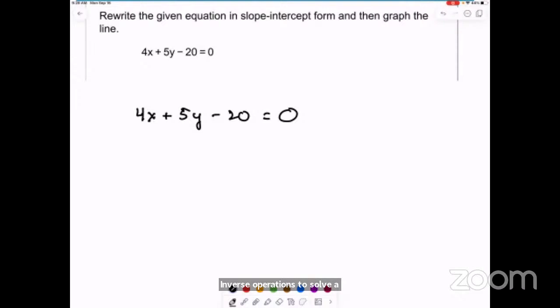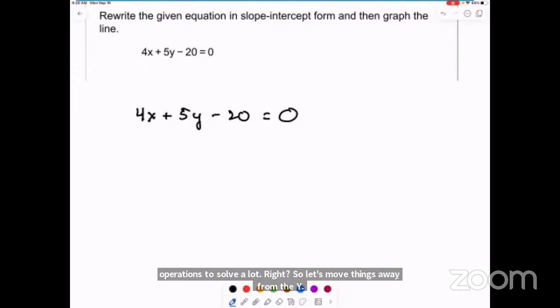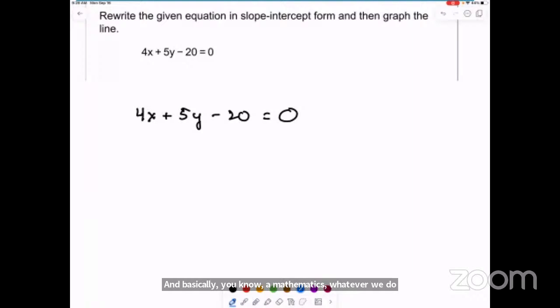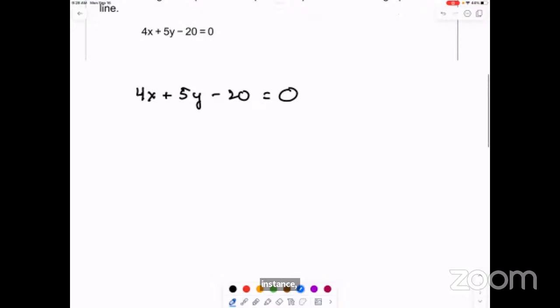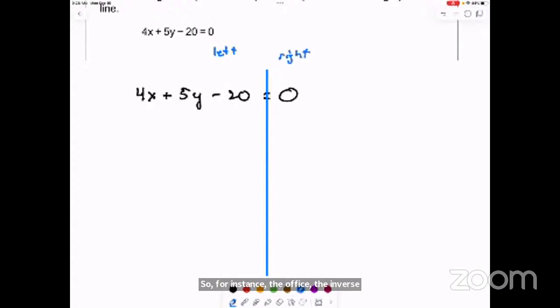Basically, in mathematics, whatever we do to one side of the equal sign, we do to the other. So for instance, the inverse operation of minus 20, I would add 20 on both sides of the equal sign.